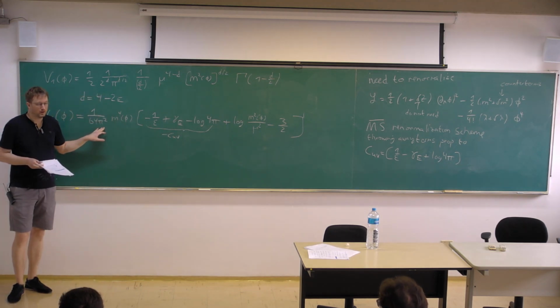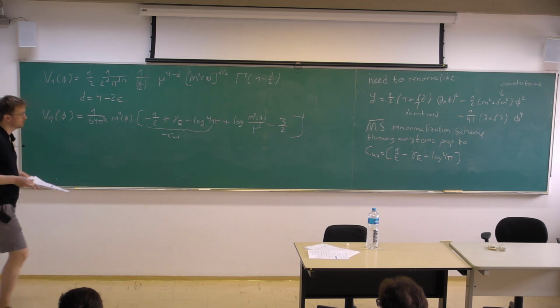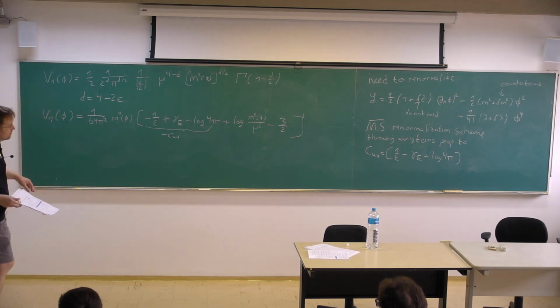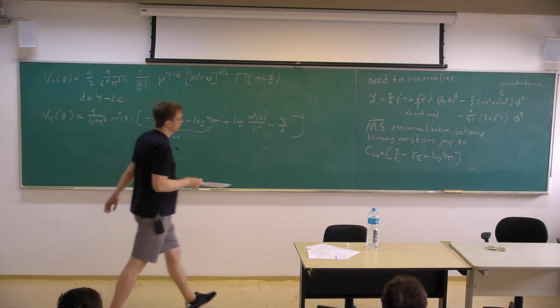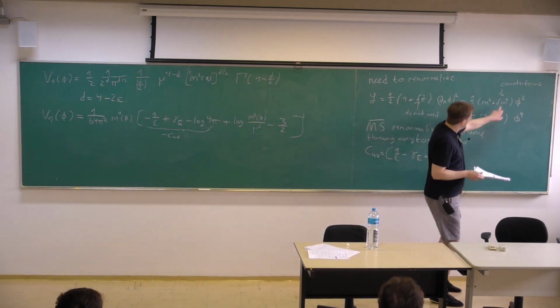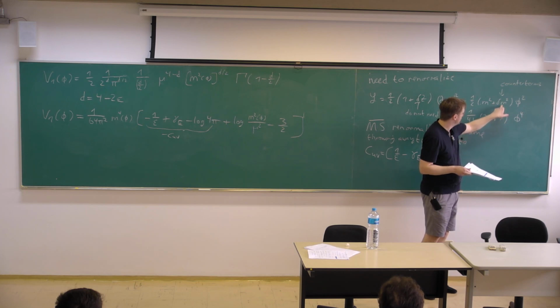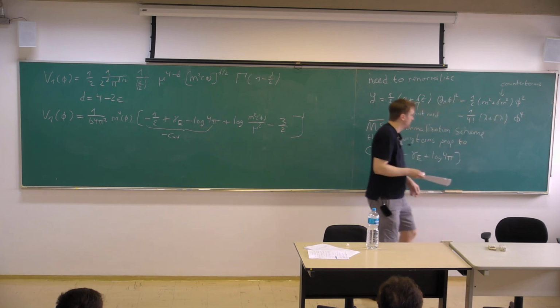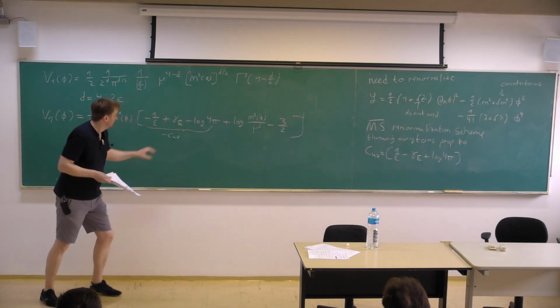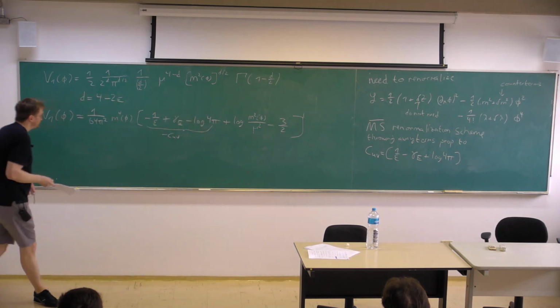I think I'll skip this step; you can check at home if you want to. It's straightforward. So use this as a new vertex, and then you just adjust the counter terms delta m squared and delta lambda in a way to cancel off this piece.